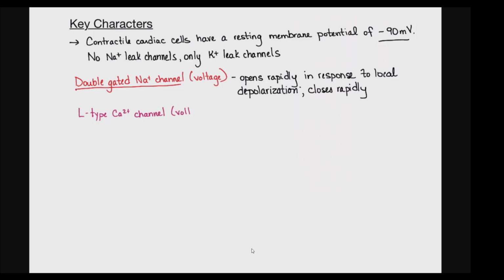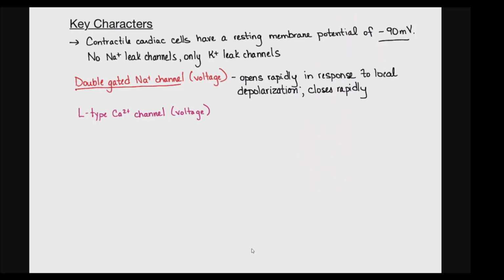Again, these are all voltage-sensitive. That opens in response to depolarization, but it's very slow to open. It takes quite a bit of time before it decides to open, and then when it opens, it stays open for a really long time, between 150 and 200 milliseconds.